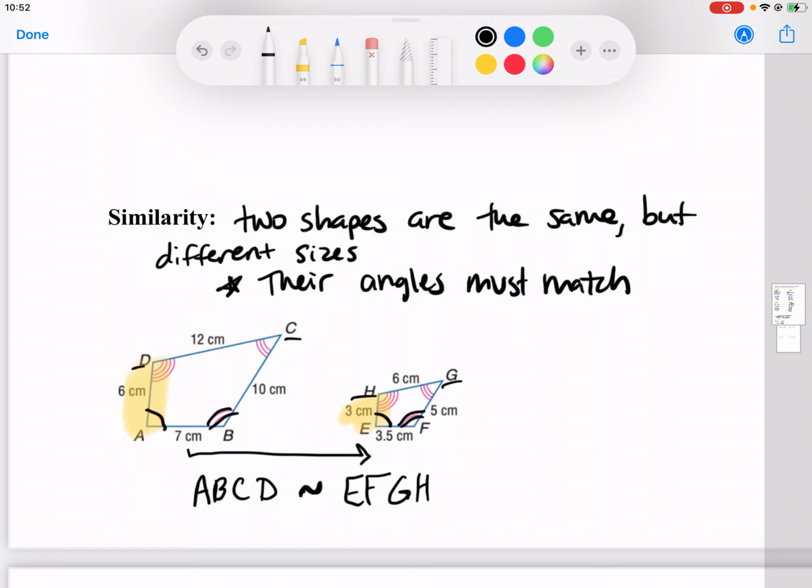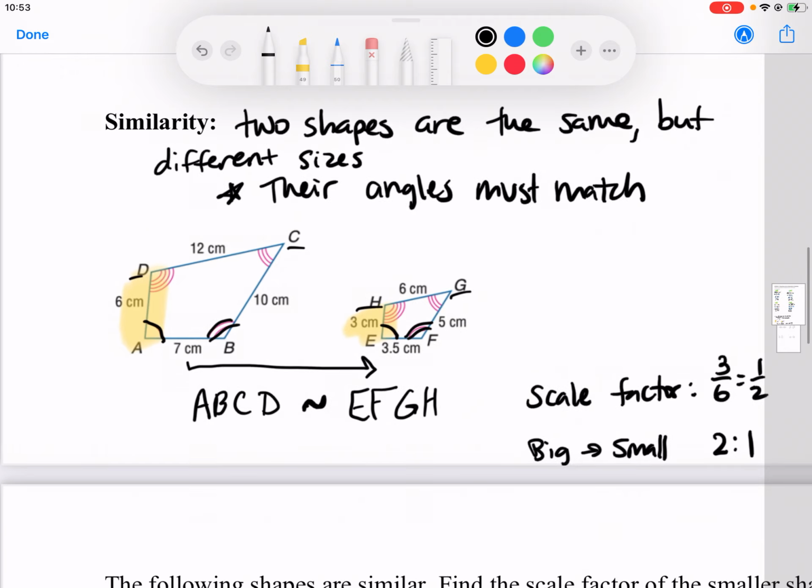That means our scale factor, going from big to small, would be 3/6 or 1/2, because you're splitting in half. Or sometimes they'll write it this way: going from big to small, we would say it's 2 to 1. Every length of 2 on this big shape would be a length of 1 on the small shape. So those are two different ways to write it.